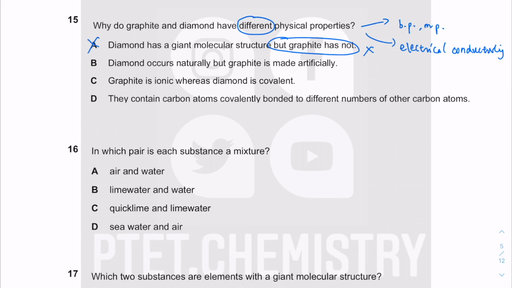Diamond occurs naturally, graphite is made artificially. If you think graphite is made artificially, you must be highly mistaken, because when you take charcoal, you can write with it, and charcoal is pretty much like graphite. It's a natural source, so you can definitely get graphite quite easily.